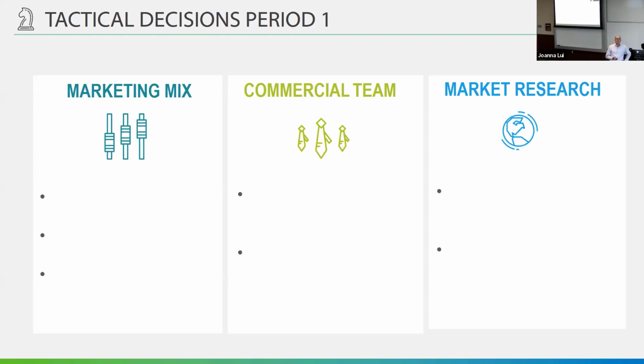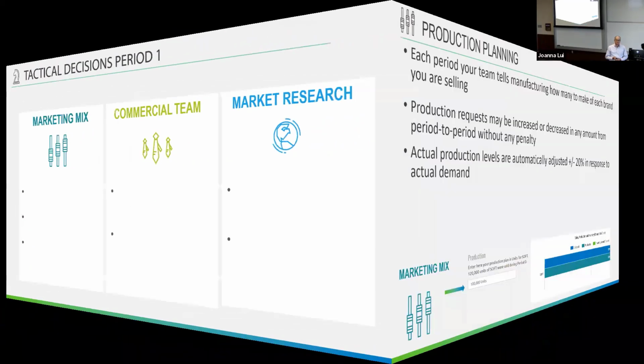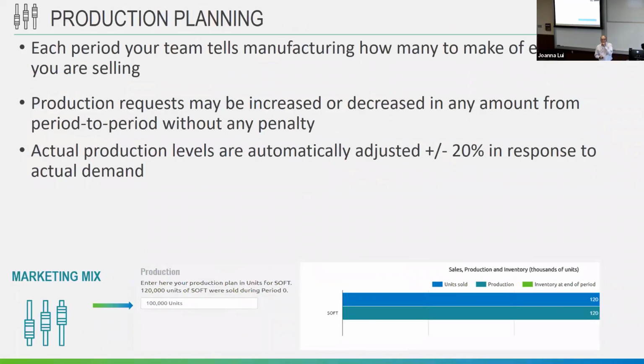So let's talk for a minute about what you do in some of these situations. Each period, you will specify to manufacturing how many to make. Okay? And manufacturing is able to adjust how many they make, plus or minus 20% from what you ask, on the fly.